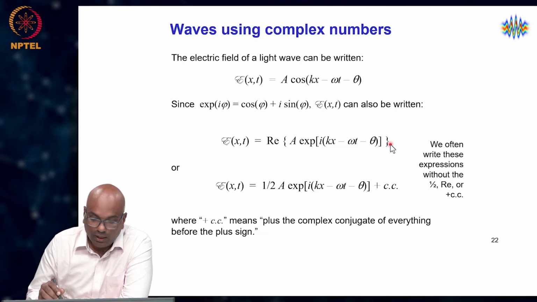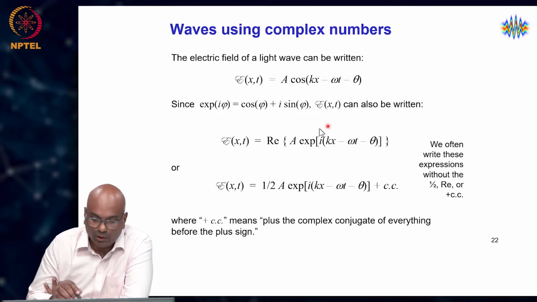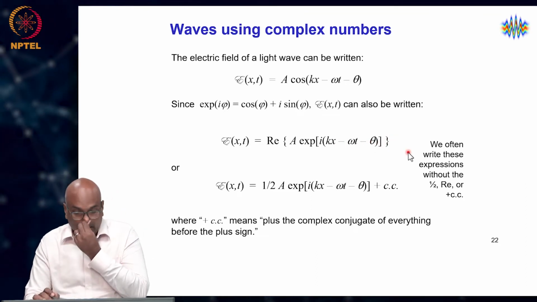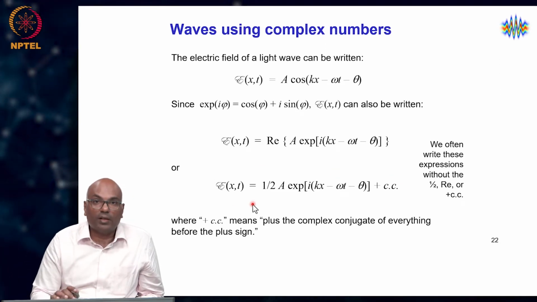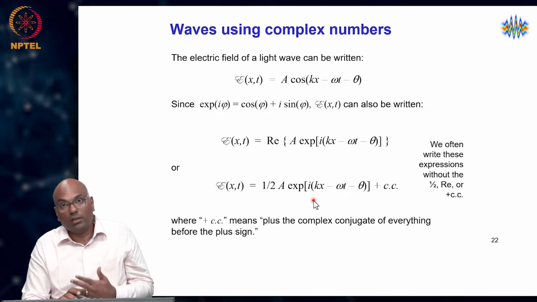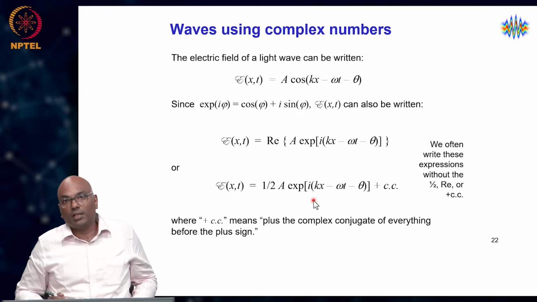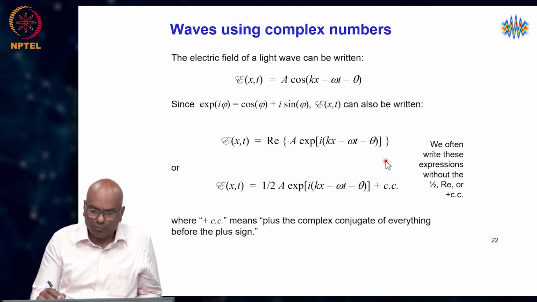This is tantamount to the real part of this complex quantity A exponent i kx minus omega t minus theta, right? So this is the most accurate way of writing everything down, because electric fields are real fields, real valued vector fields, something which I will stress and emphasize in subsequent lecture sessions too.